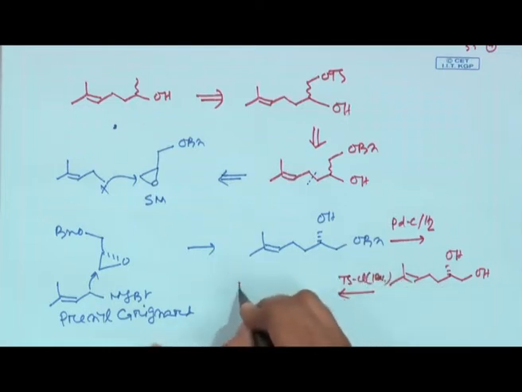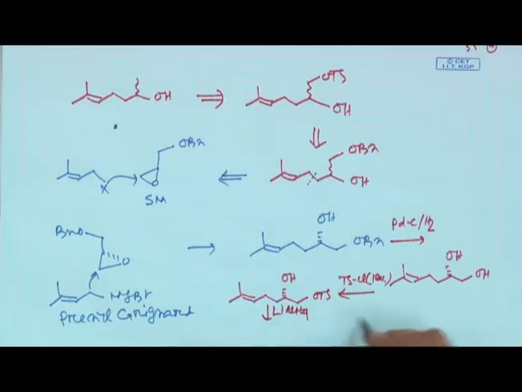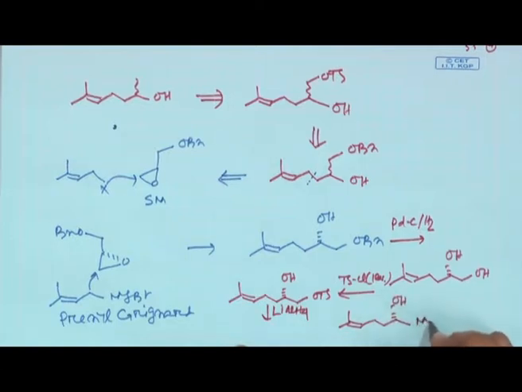You can get this OH, CH2OTs. Now, just do a lithium aluminum hydride based reductive removal of this tosyl group. So, you get one enantiomer of Salactol, that was one enantiomer.